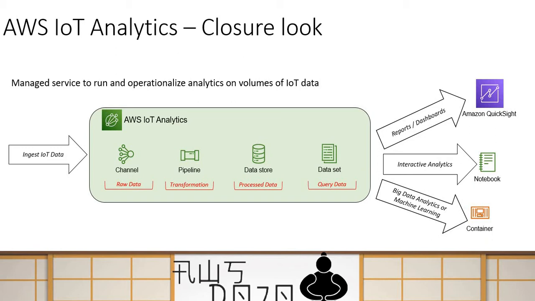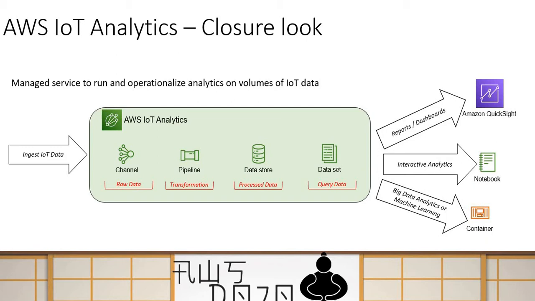So these are 4 different components which you have to configure in AWS IoT Analytics to create this pipeline which automates and operationalizes your analytics on your IoT data.